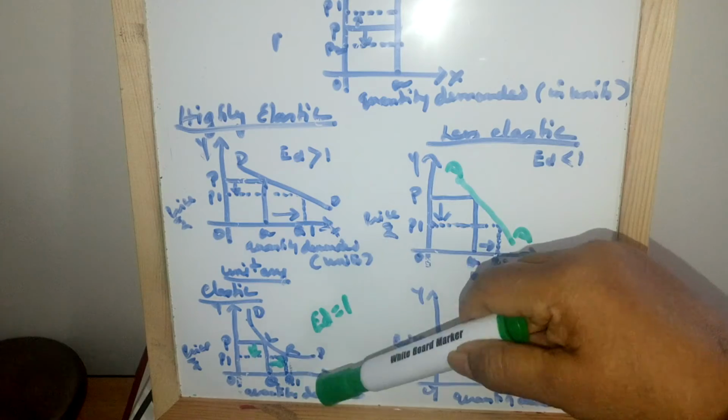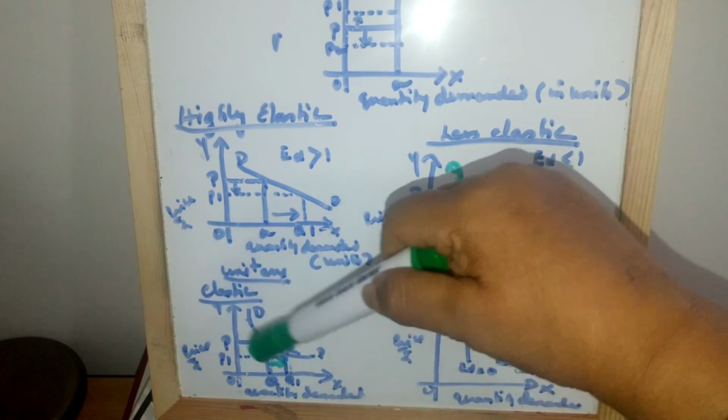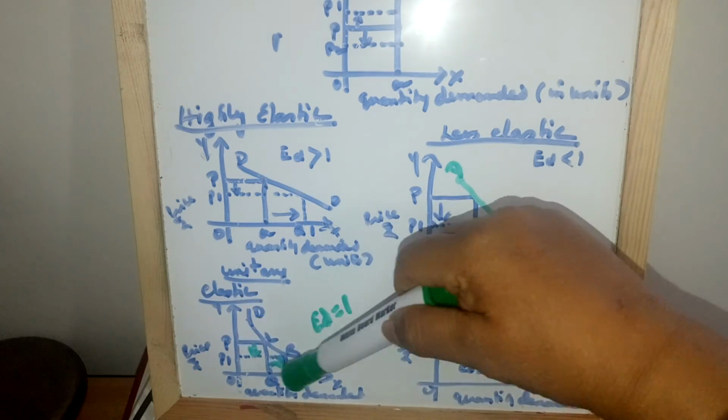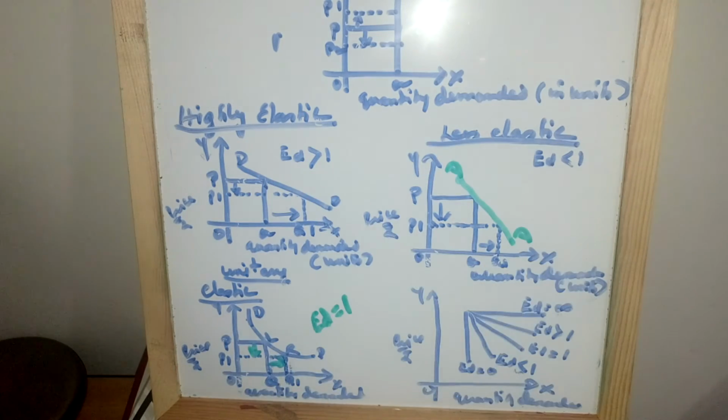So here you find it is a rectangular hyperbola. A rectangular hyperbola is a curve under which the total area at all points will be the same. Examples of goods, scooter, refrigerator, they have a unitary elastic demand.